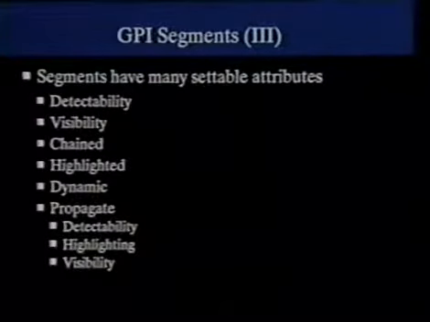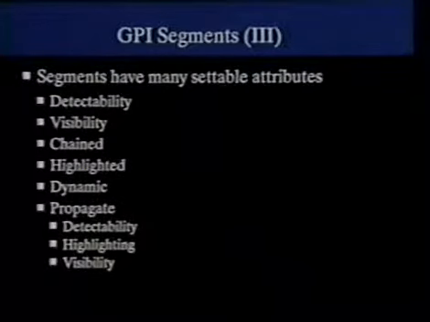GPI segments have a number of attributes which are settable. Segments may be detectable, that is in the process of correlation, where you're trying to discover whether a user is looking at, say, the left front tire or the right rear tire on a drawing of an automobile on the screen. You can decide whether either of those segments is detectable. Segments may be visible or not.